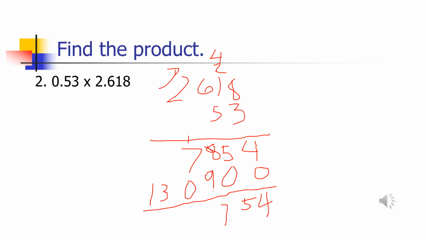We have 1, 7, 8, 3, 1. And then how many decimals do we have? 1, 2, 3, 4, 5. So there are 5, and we count 1, 2, 3, 4, 5 from the right.